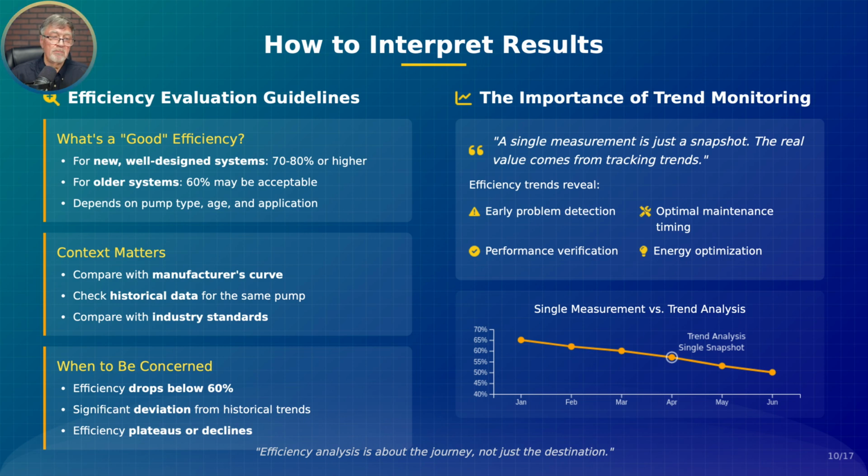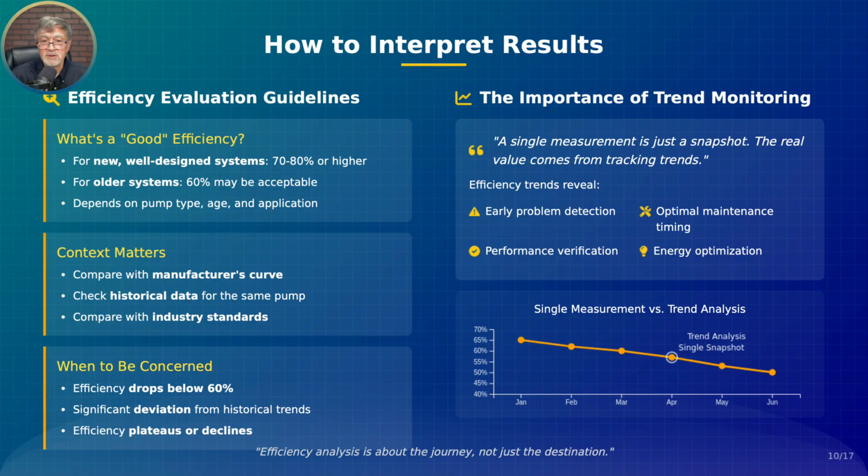It depends on the pump type, the age, and the application. So context matters. Compare it with the manufacturer's curve. You should have data from the manufacturer, and historical data for the same pump. Those are the trends we're talking about. And compare with industry standards. So there are three ways to actually look at this data.